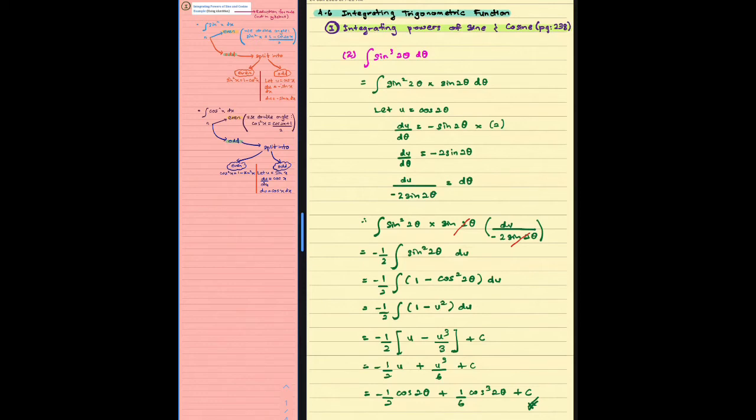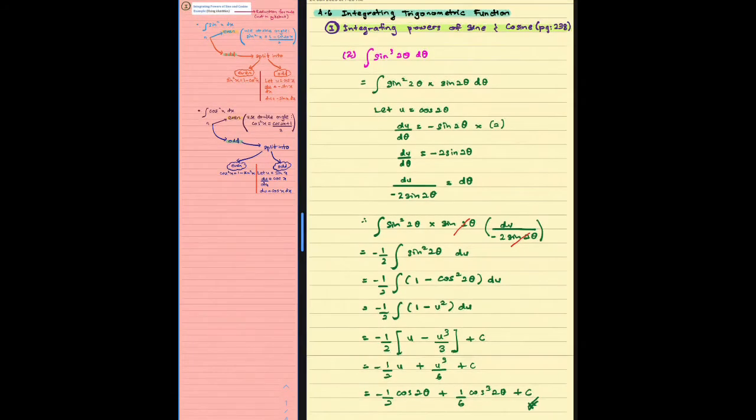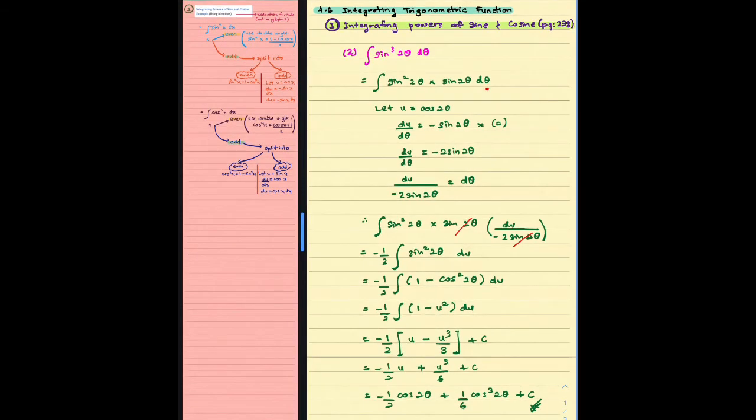So now, sine cubed 2 theta, we split it into even power multiplied by odd power. Next, for the odd power, we let u equal cos theta. So now the odd power is sine 2 theta.